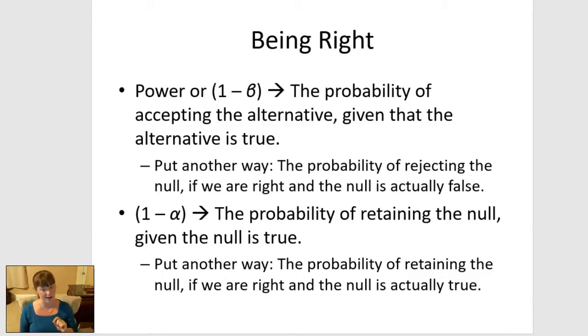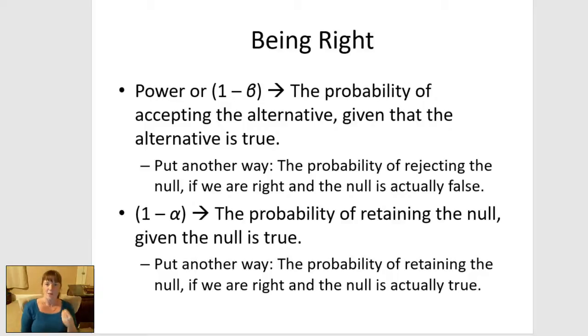And power then is the probability that if you reject the null, you're making the right decision because the null is in fact false. The alternative is the one you should have gone with. So it is the probability of going with the alternative, and in fact the alternative is true. It's the probability of rejecting a false null.